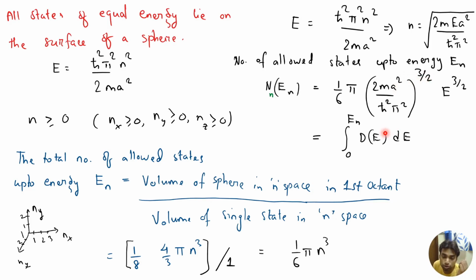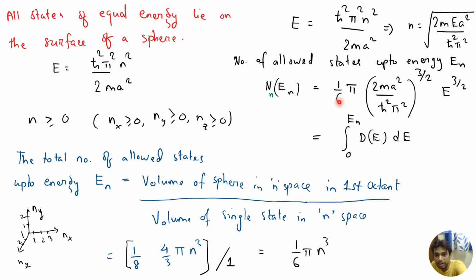Now, the density of states is the number of states per unit energy, or the number of states available from E to E plus dE, and if you integrate that from 0 to En, you will end up with the function which tells you the number of allowed states up to energy En.